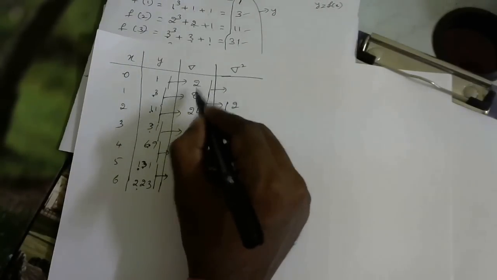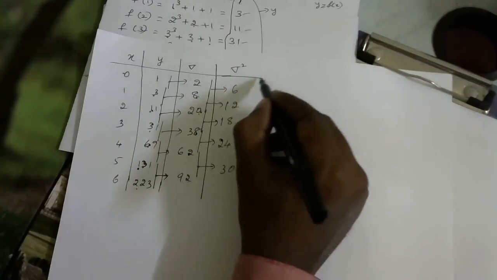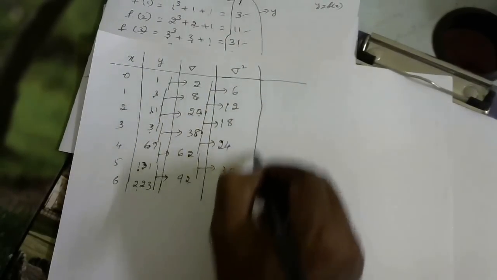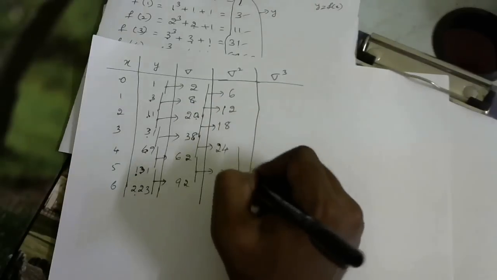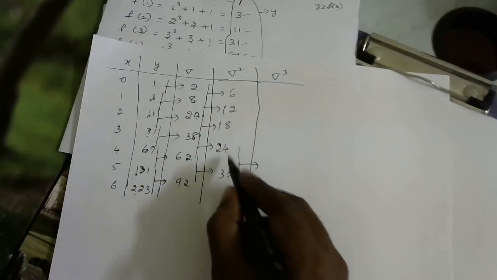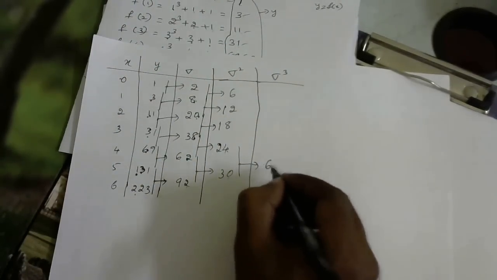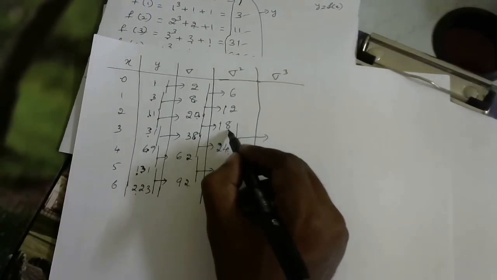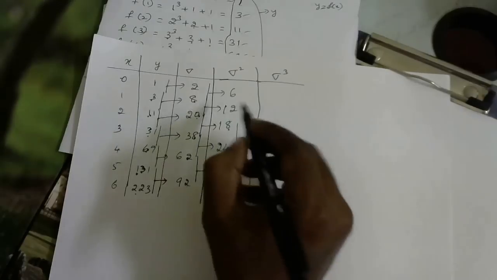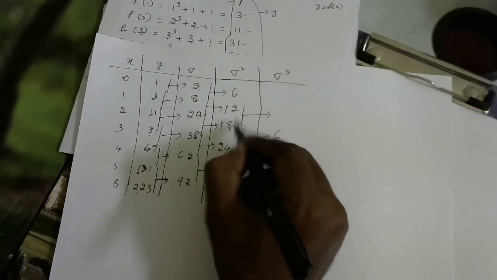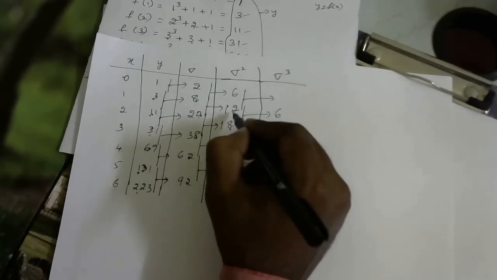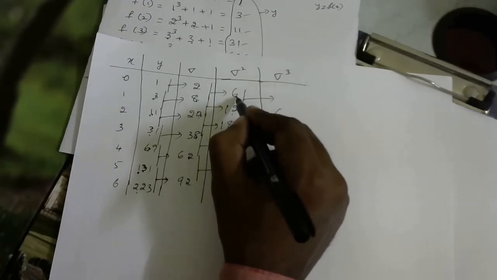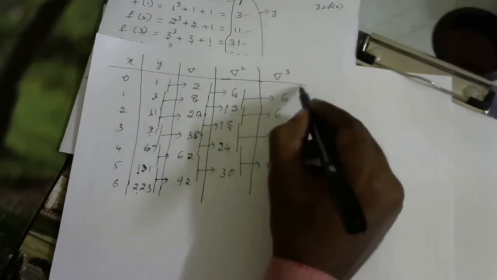And 8 minus 2, you'll get 6. Next difference, del cube. Start from the bottom, 30 minus 24, you'll get 6. And here 24 minus 18, again you'll get 6. And here 18 minus 12, you'll get 6. And here 12 minus 6, you'll get 6 only.